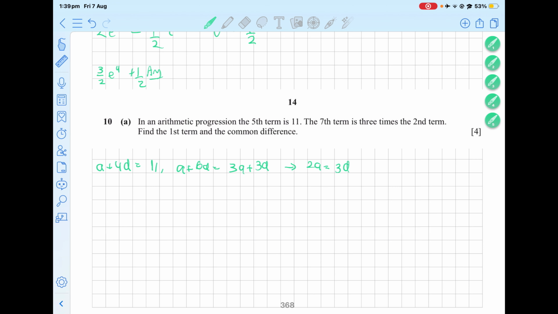So a would be 3 halves of d, so 3 halves of d plus 4d equals 11, so I just need to find what d is. So I just need to find what 4 and 3 halves is, so that's 11 by 2. So d would be 2, so a would be 3.